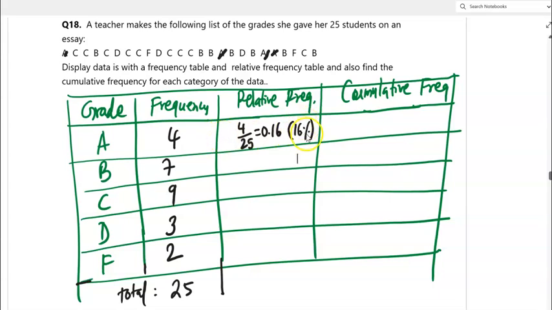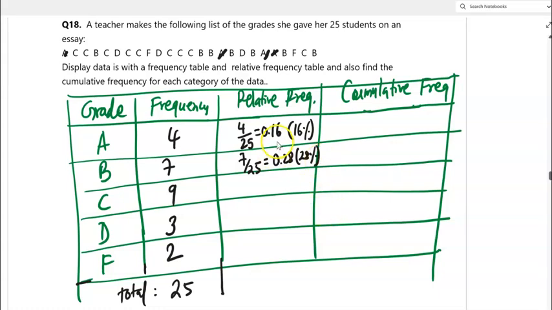In other words, 16% of people in her class got an A on the essay. Similarly, the relative frequency of B is 7 divided by 25, which gives 0.28, or 28%.